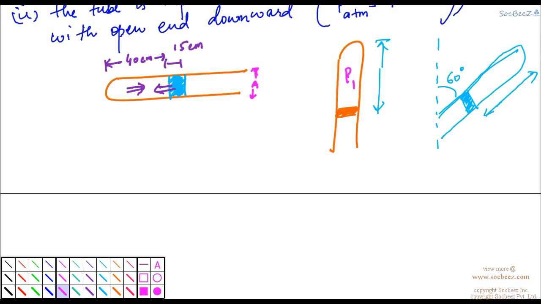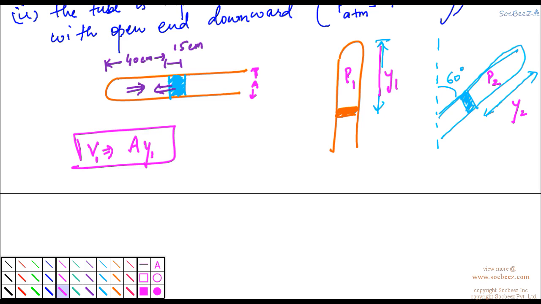Let P1 be over here and P2 be over here, with the air column lengths y1 and y2. Now the volume V1 of the air column can be expressed in terms of the length of the air column and the area of cross section of the test tube. Similarly, V2 could be expressed as A into y2.